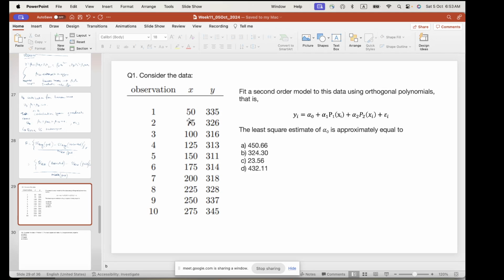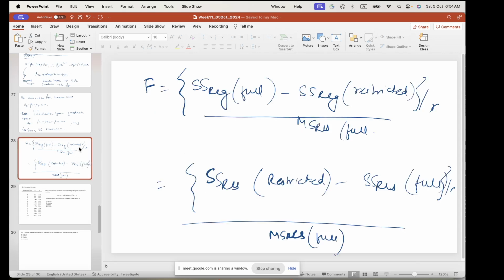Alright, so what is the least square estimate of alpha naught? From here, what do we know?